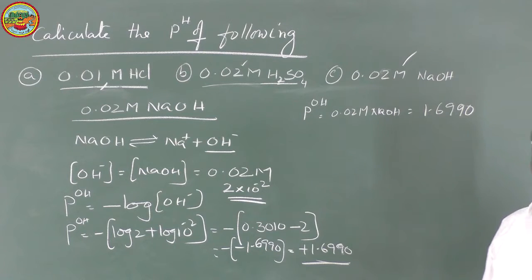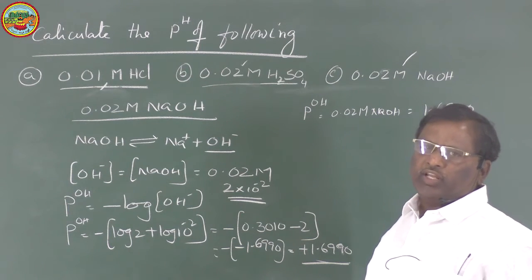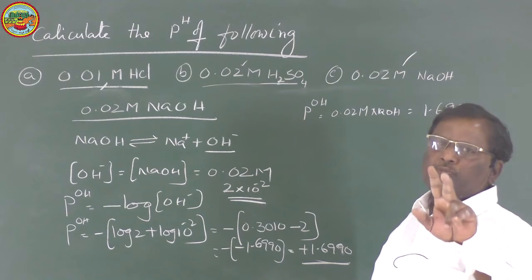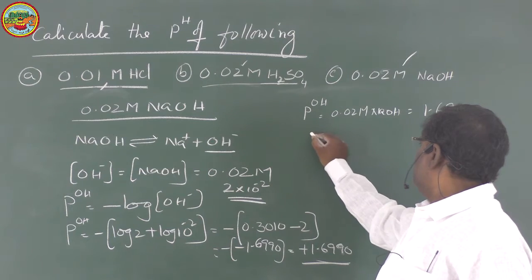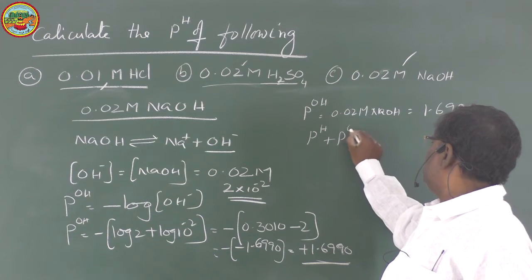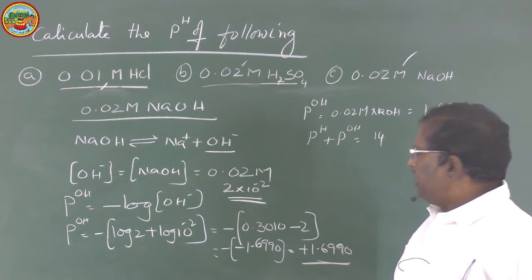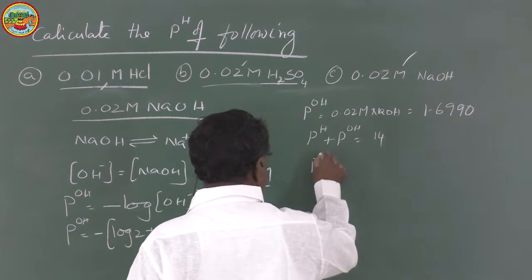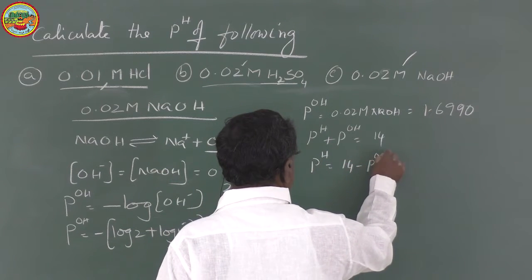For any aqueous solution, the Kw value is 10 to the power minus 14. Therefore, pH plus pOH will be equal to 14. Therefore, pH is equal to 14 minus pOH.